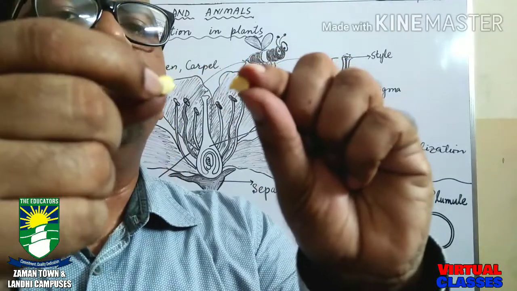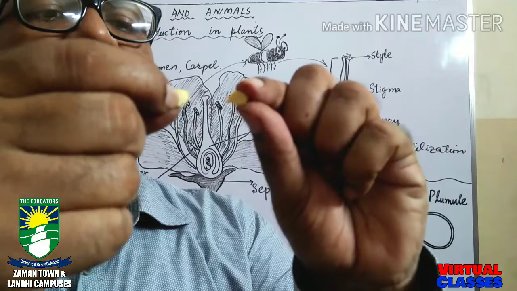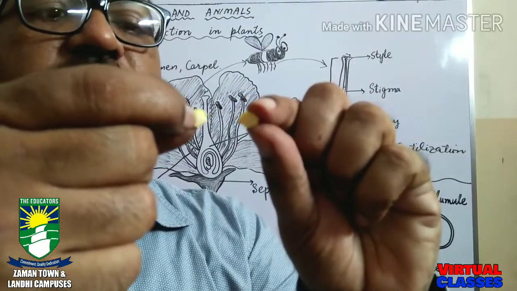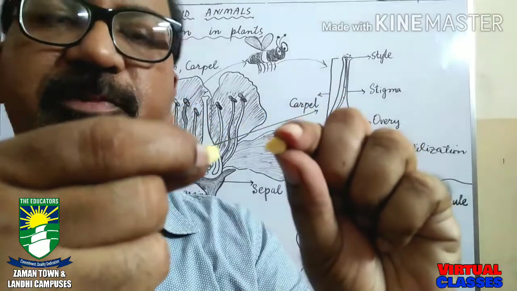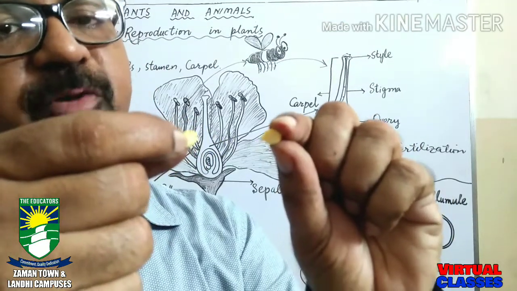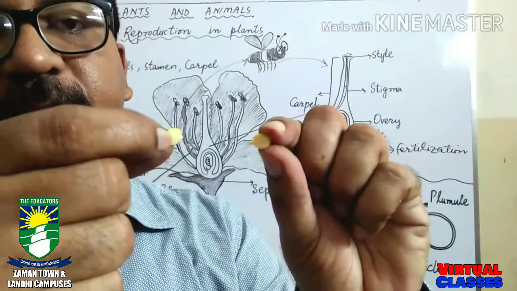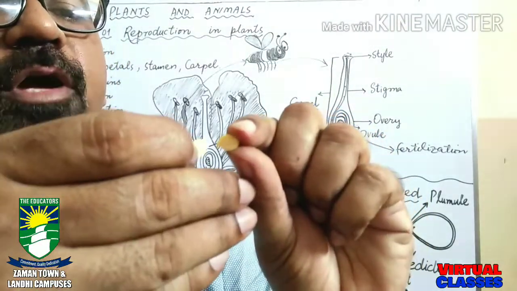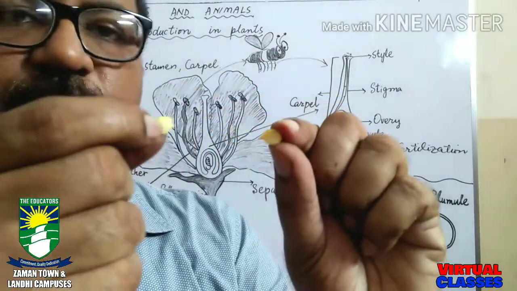These two parts are called cotyledons. This is the food for the plant until it arises from the ground, because the plants prepare their own food with their leaves in the process of photosynthesis. But when they are growing in the ground, until that time the cotyledons are the food for the plant.